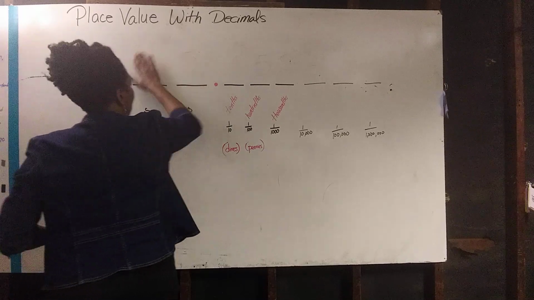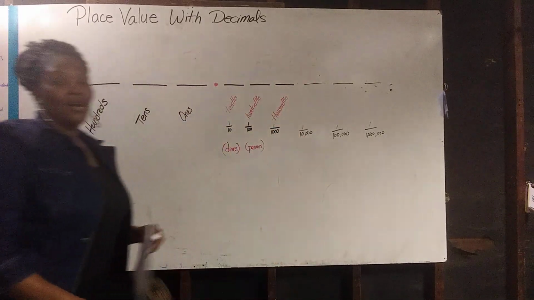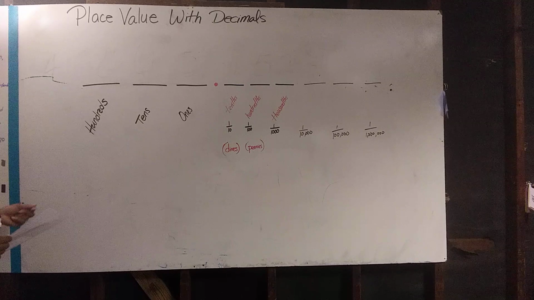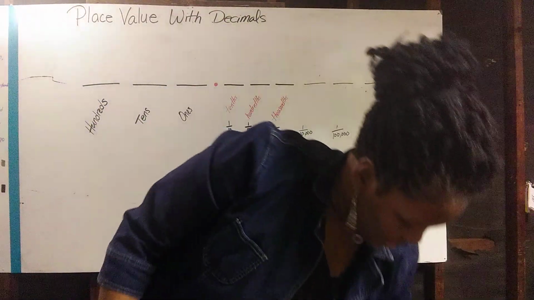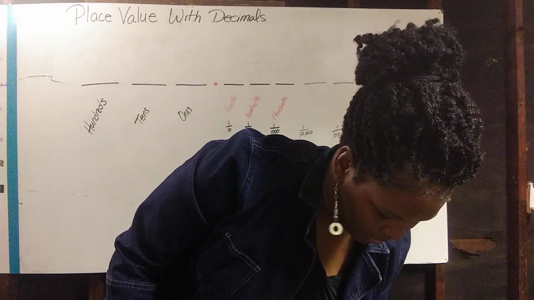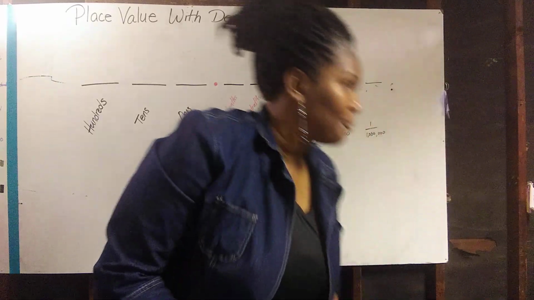So now we've said some numbers. Now we're going to add some. Let's do a little adding of some place value numbers with the decimal.